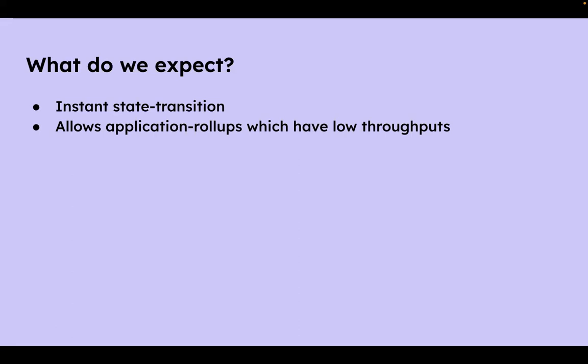Because if the sequencer does not submit the exact data on chain, the sequencer will get slashed. And we can do it using the Schnorr signature. So it will allow us to run application-specific rollups, because it allows a low throughput system, while it will also let us change the state instantly, which will be very, very good for the user experience.